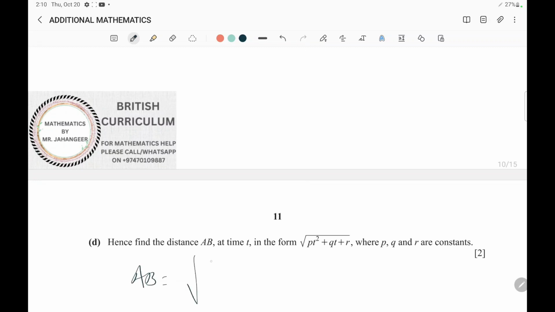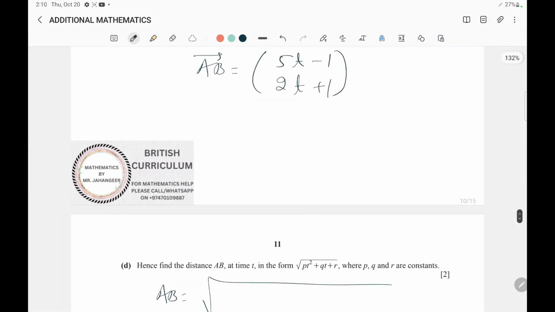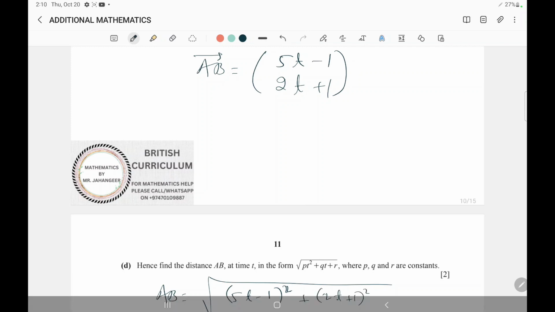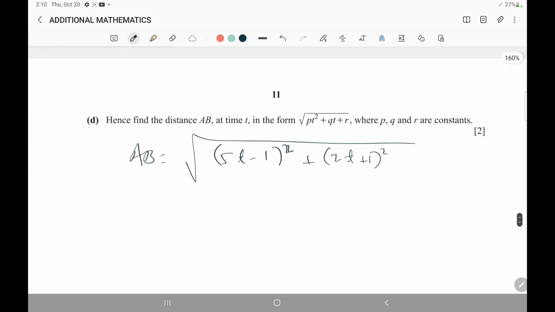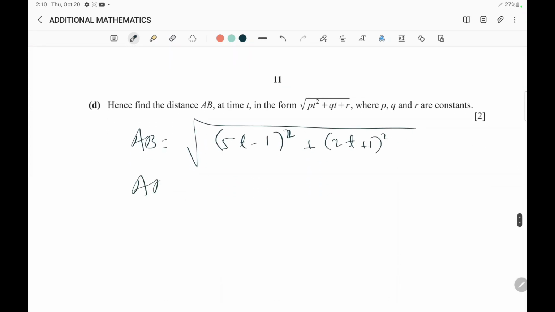Root of 5t minus 1 whole square plus 2t plus 1 whole square. Now just calculate.